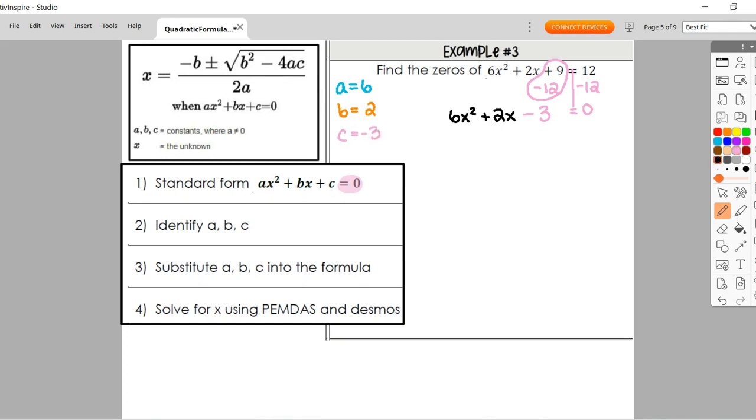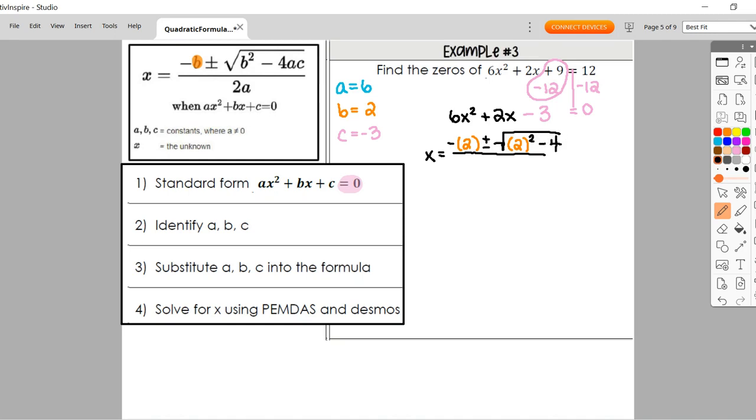Once I have a, b, and c, I go to the formula, which is x equals my negative. In place of that b is going to be a 2. In place of my b squared underneath the radical here, I'm going to have a parentheses 2, and don't forget to square it.